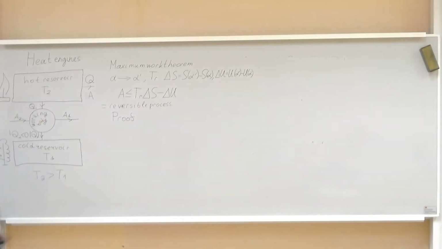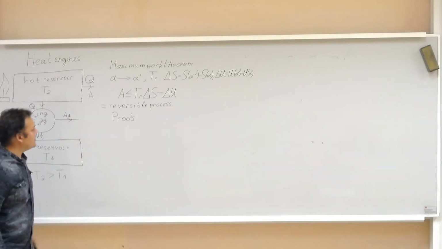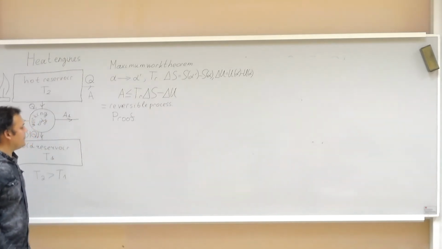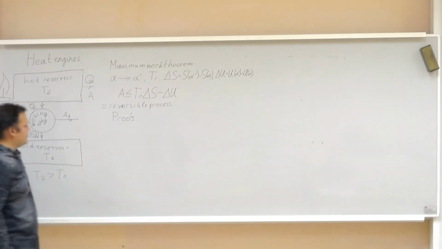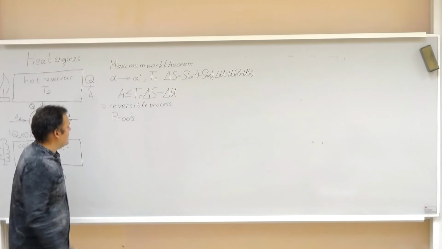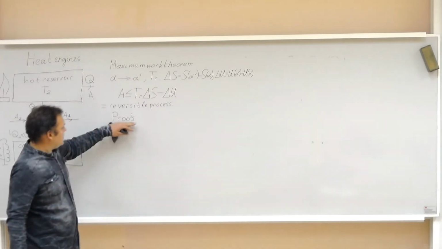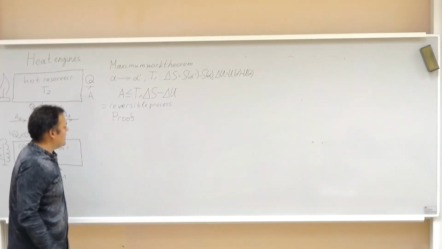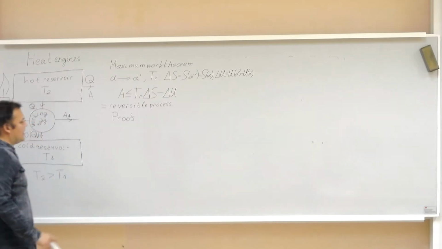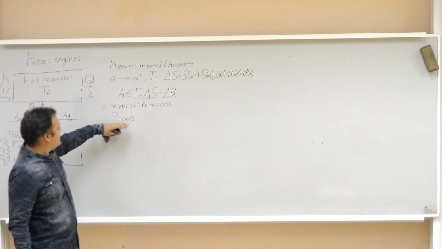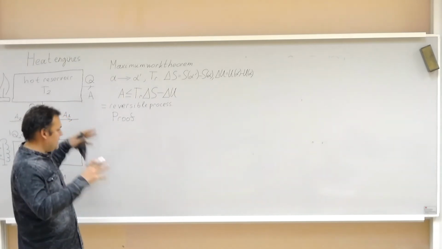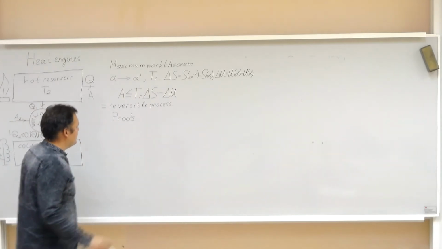Let's consider a big system that includes our system and the heat reservoir. This system is closed, so the entropy of the big system cannot decrease.